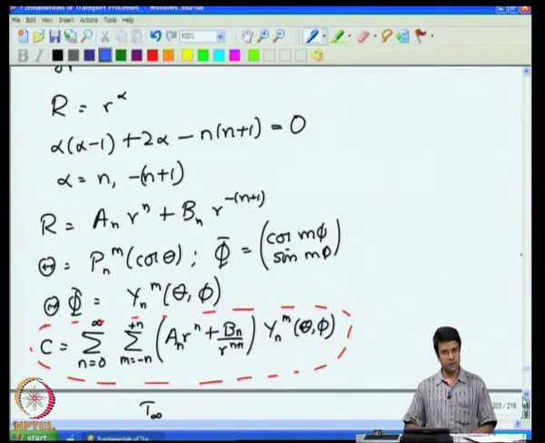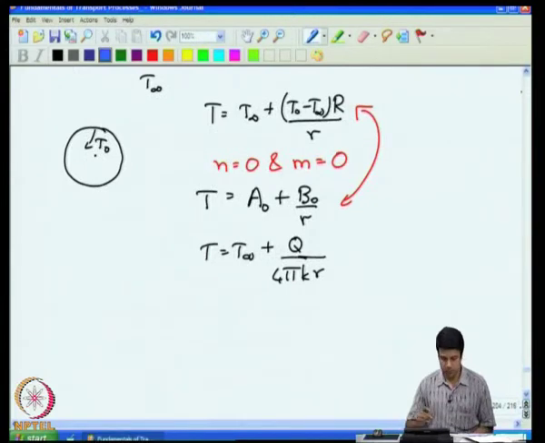Those are orthogonal functions, all orthogonal to each other, with the inner product defined as an integral over phi from 0 to 2 pi and over theta from 0 to pi. And then we have these dependencies on the radius, r to the power n and r to the power of minus (n plus 1).